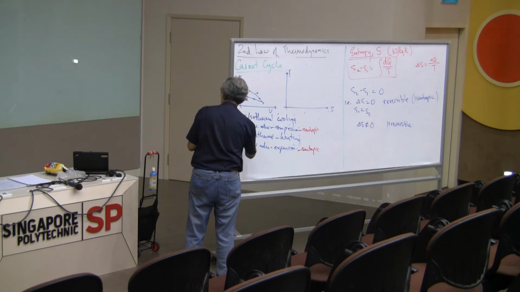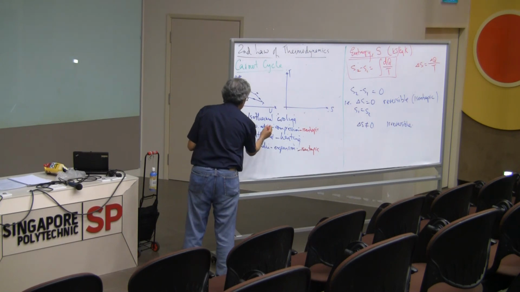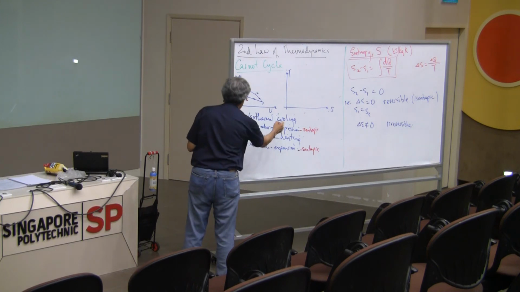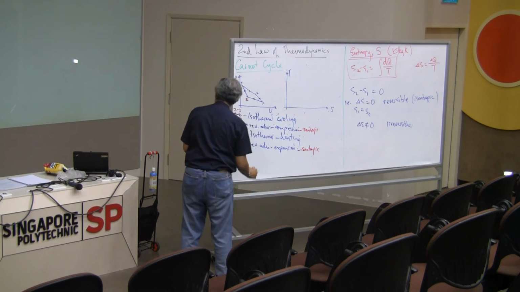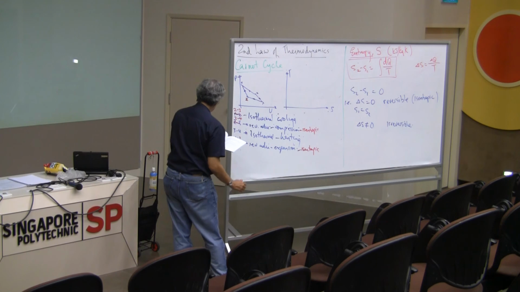Isothermal rejection. Two to 3, isothermal rejection is 2 to 3. Isentropic compression, isentropic compression 3 to 4. Isothermal heating is the 4 to 1.